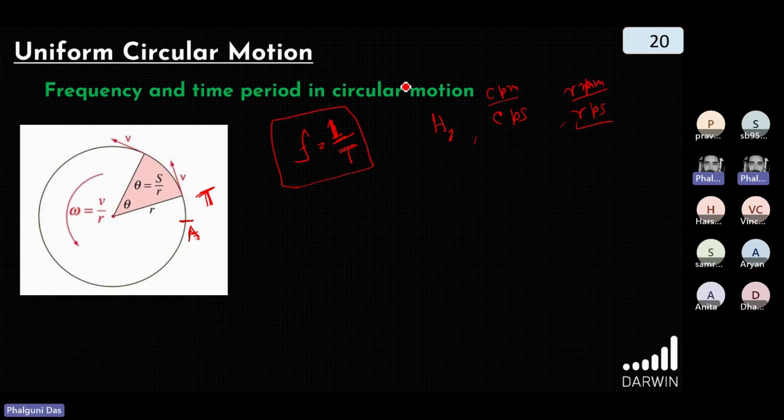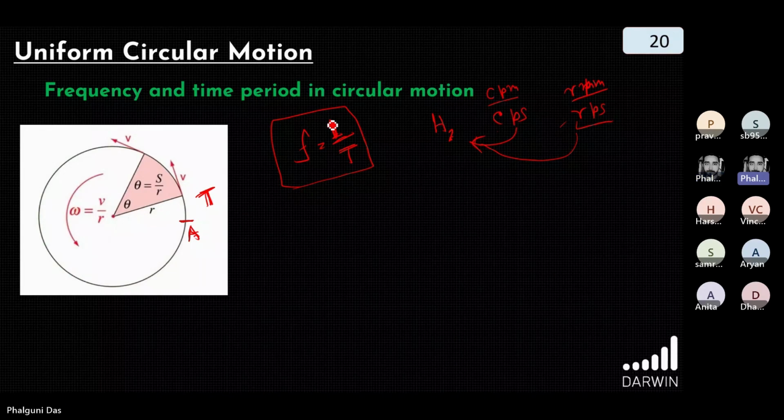Similarly, CPH, cycles per hour, and RPH, rotations per hour. But generally, CPS and RPS are both considered as hertz. Hertz means how many rotations or full oscillations it is taking in 1 second.